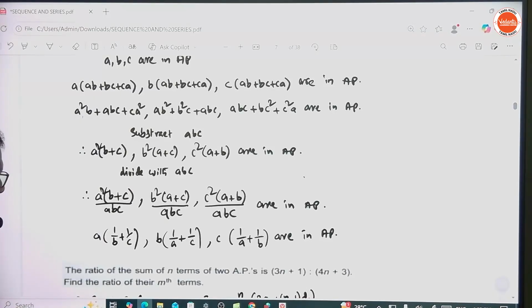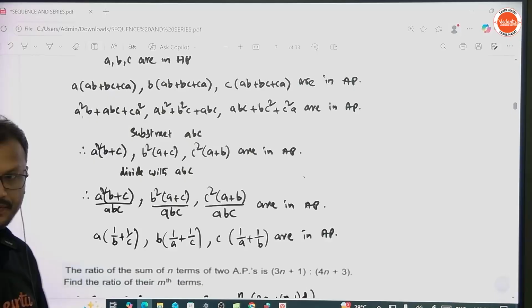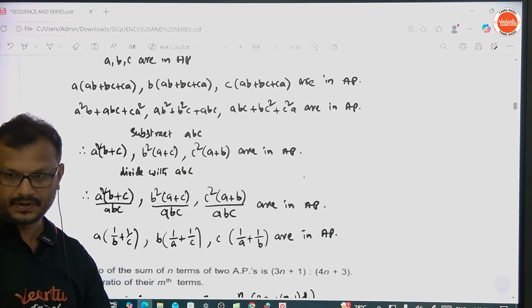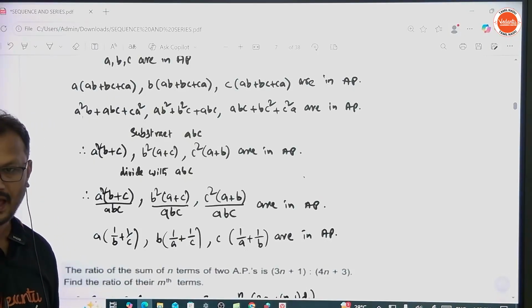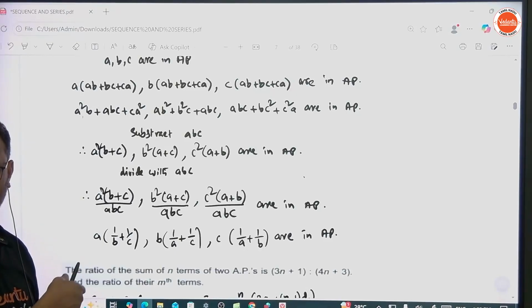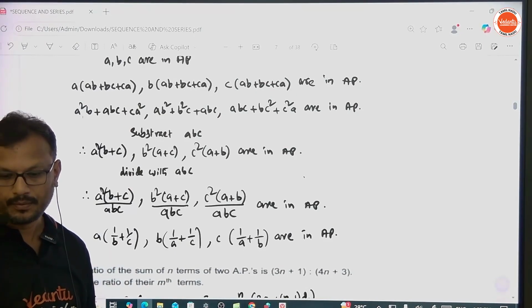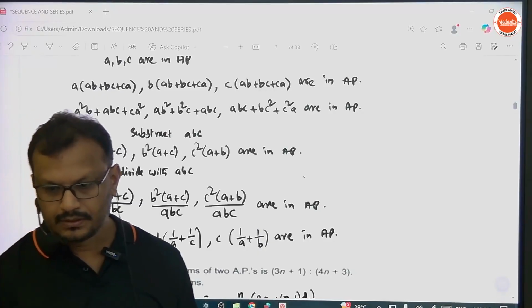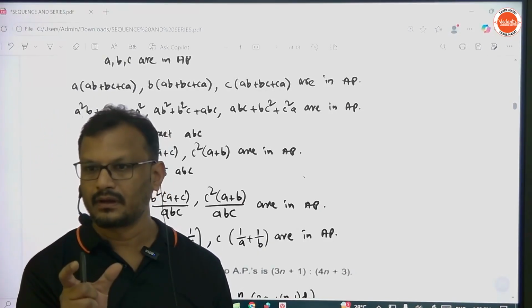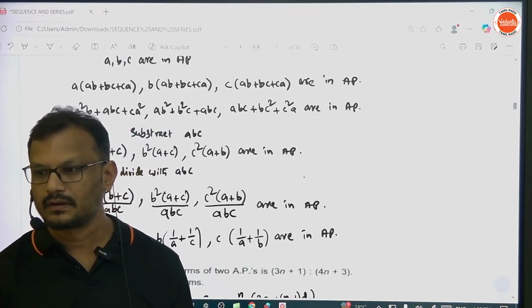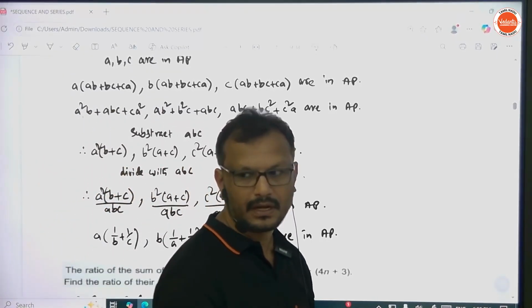The ratio of sum of two APs, two different APs, common difference is not same. You should be clear about the points, whatever they are giving here. Accordingly, just note it down first. When you are practicing the questions also, clearly write what is given and what we have to find. It was there in your mind in the beginning, no?